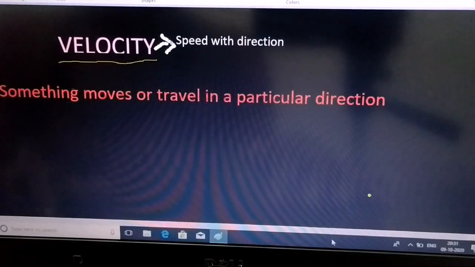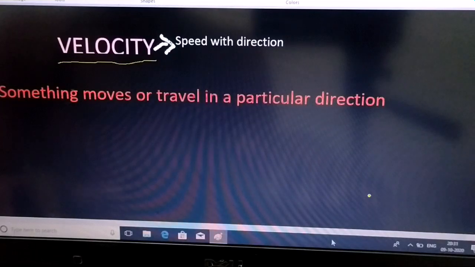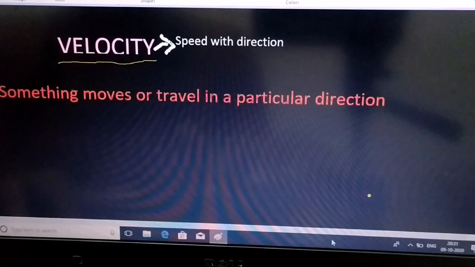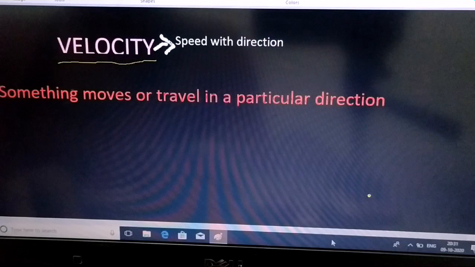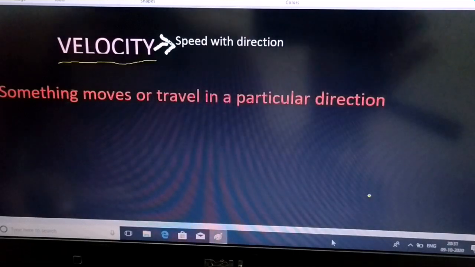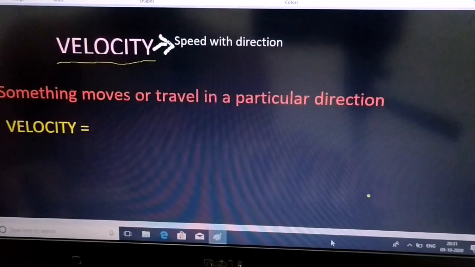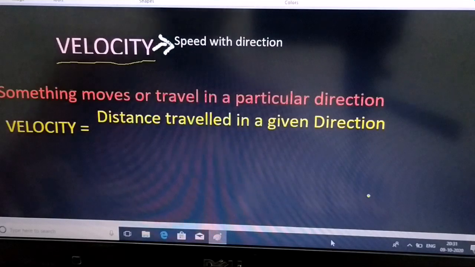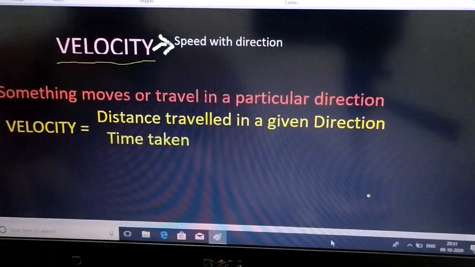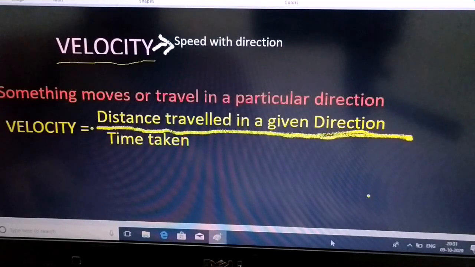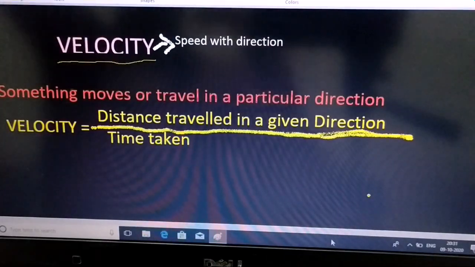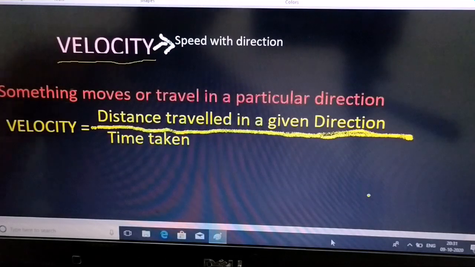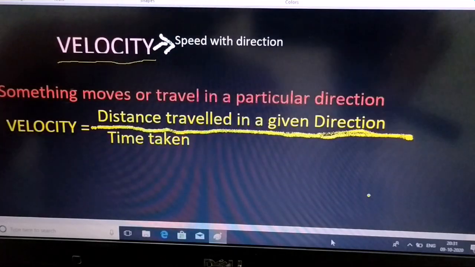So the formula of velocity is distance traveled in a given direction divided by time taken.